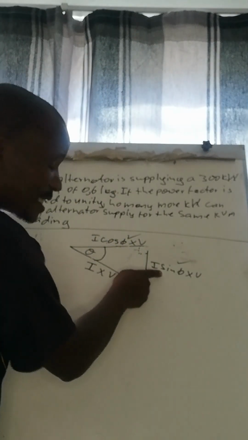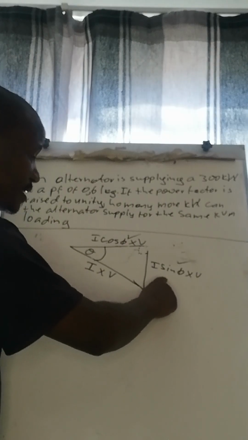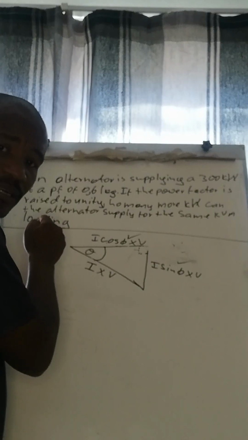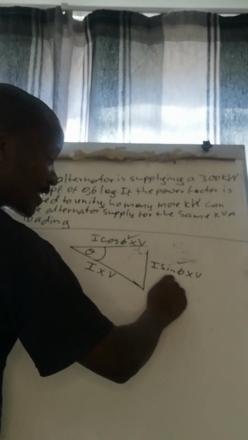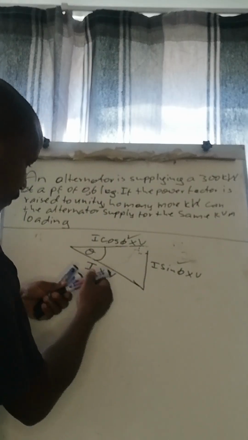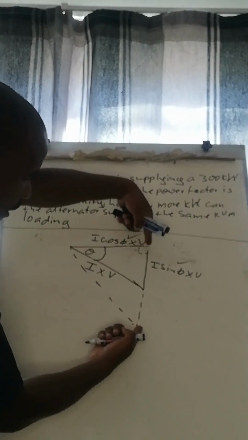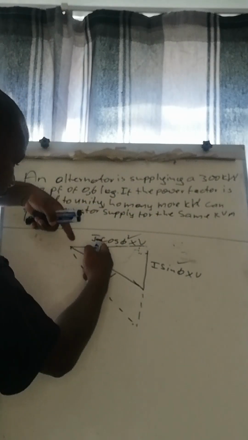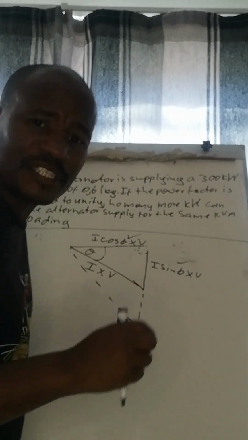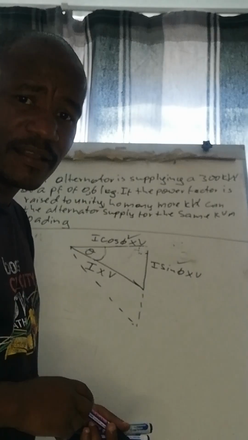But this reactive component is actually a measure of the power factor. What does that mean? If the reactive component becomes large, this angle will become larger, and the cosine of that larger angle will give you a small value, and that small value is called the power factor.